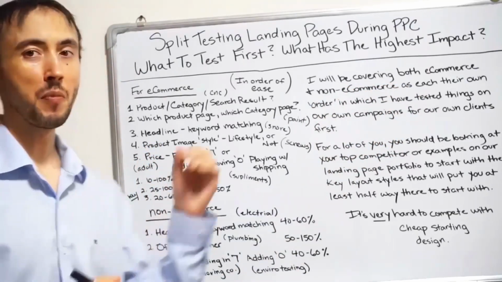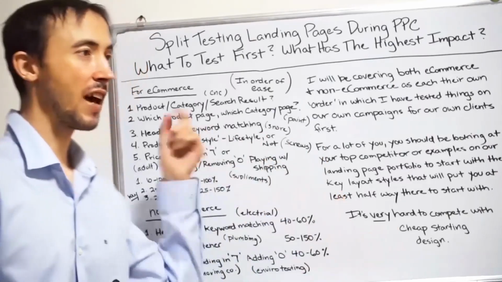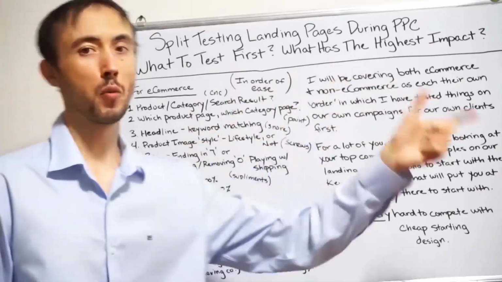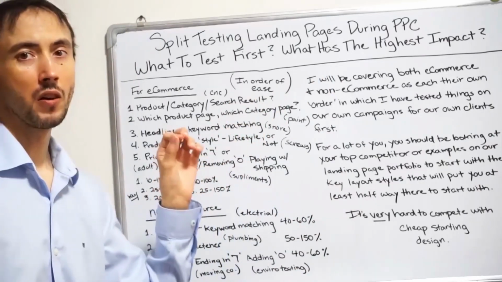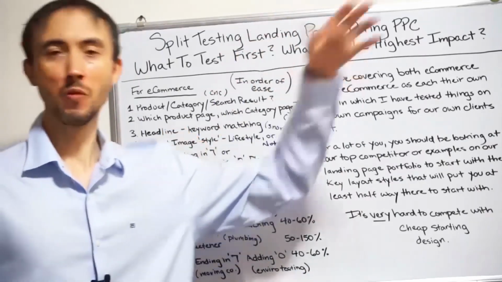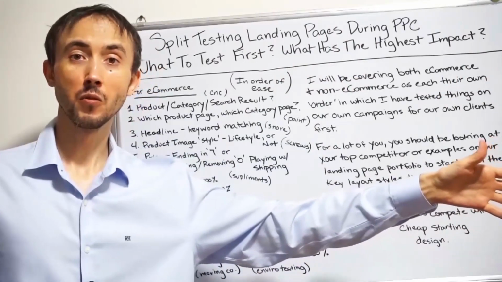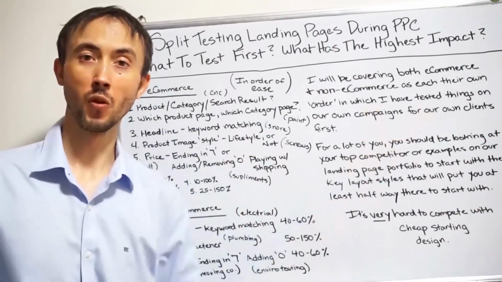So if I type in anti-snore product, then the headline on that product page should be anti-snore product, versus snore removal product, which is what the page had in the headline before.